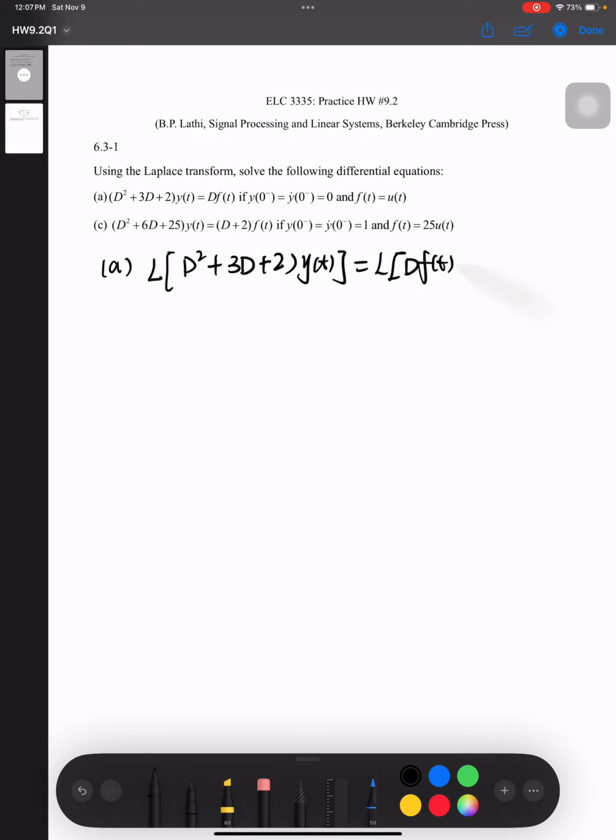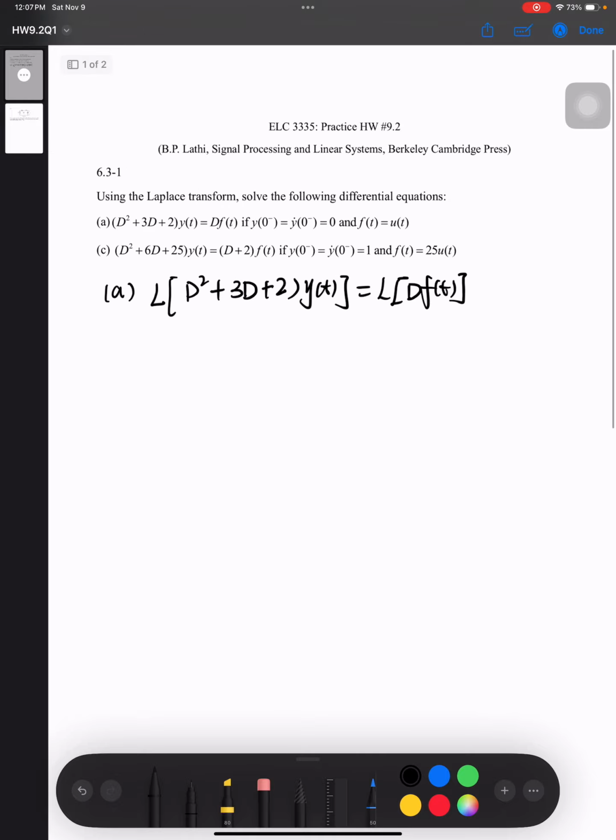And since the Laplace transform of y(t) is just Y(s), and the Laplace transform of y'(t) is sY(s) minus y(0-).